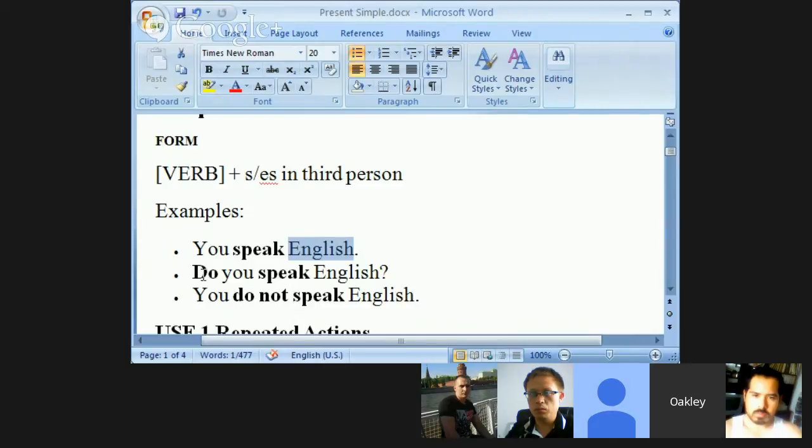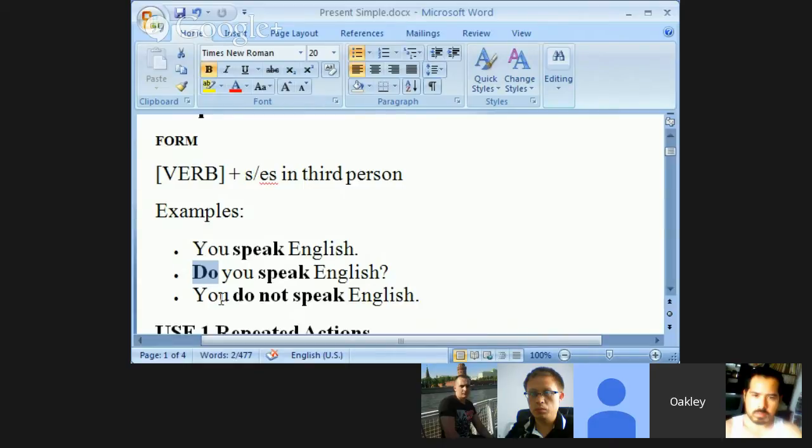However, when we get to questions or negative statements, we're going to have to introduce an auxiliary verb. Auxiliary means to help, so a helper verb, do.